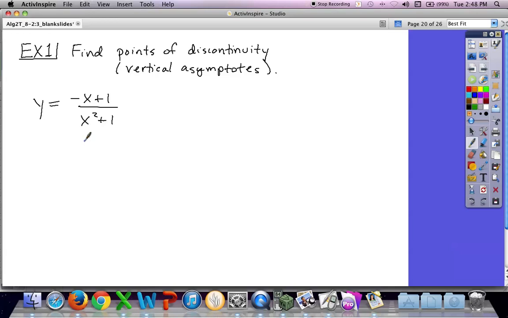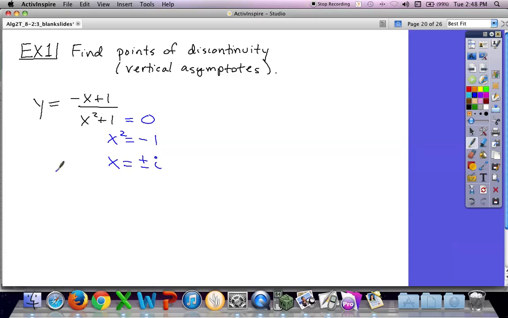Now, you could still try to find zeros. Right? You could set this equal to 0 and then solve it. x squared equals -1. Take the square root of both sides. x equals plus or minus i.